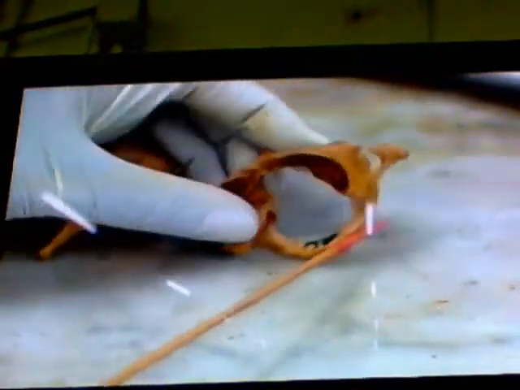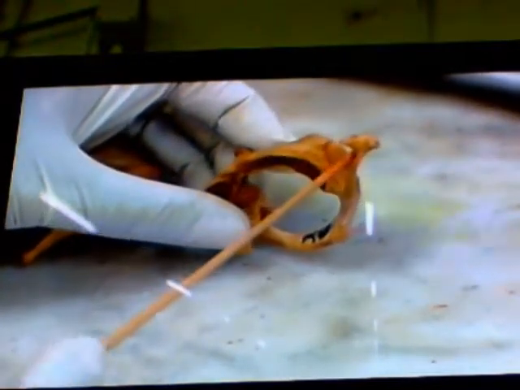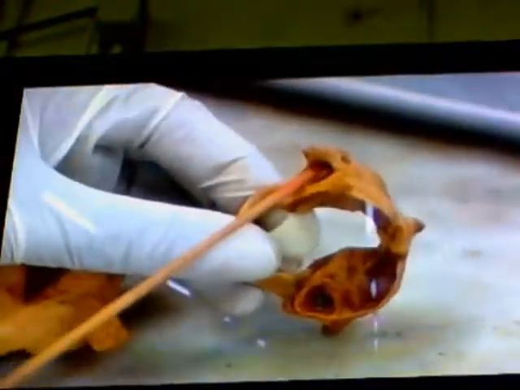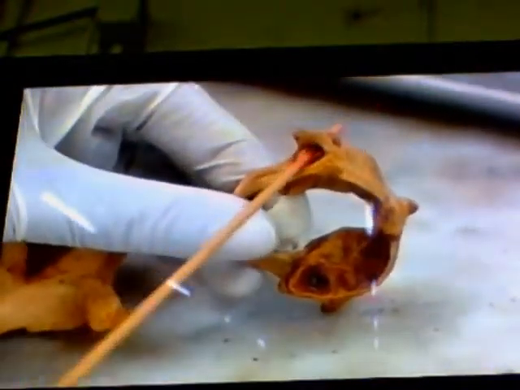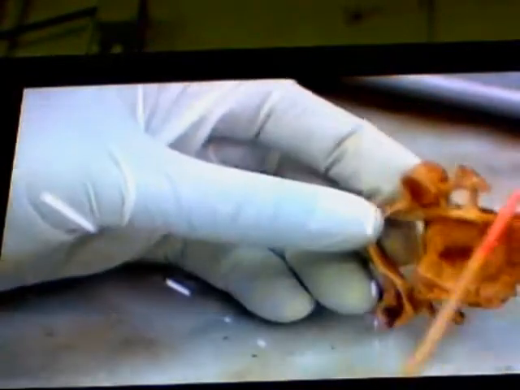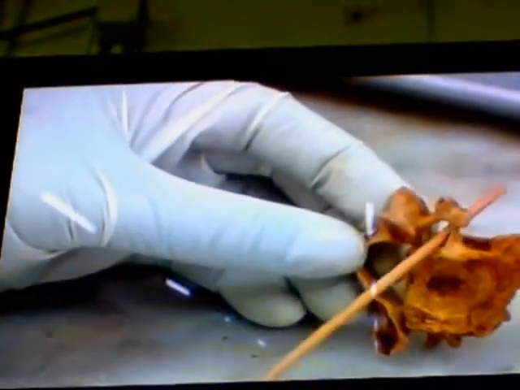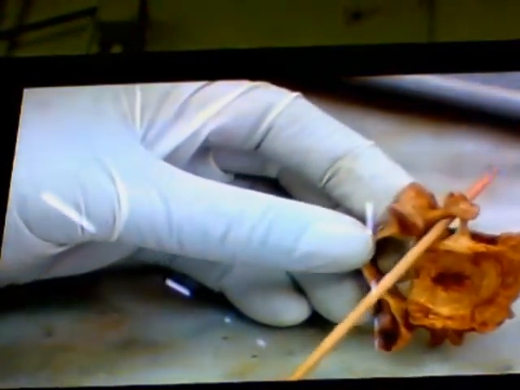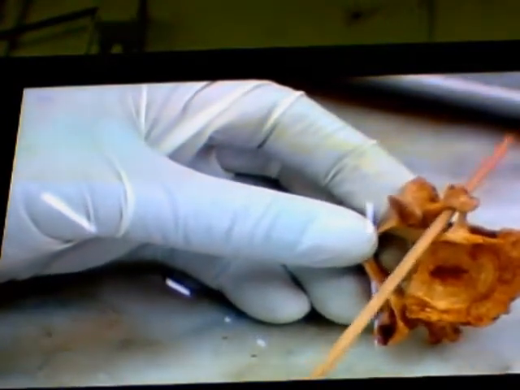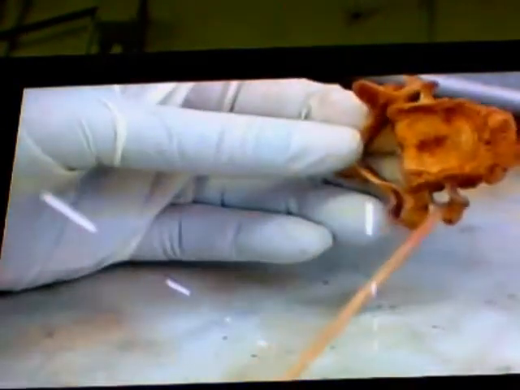If you look on the side, there is a foramen transversarium, and that's a nice word because it's in the transverse process. I pick up a cervical vertebra further down, and on the side I have a nice foramen transversarium through which the vertebral artery will go.